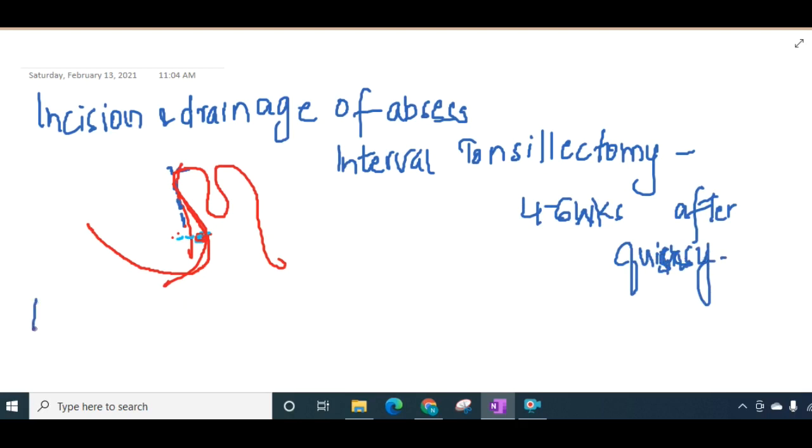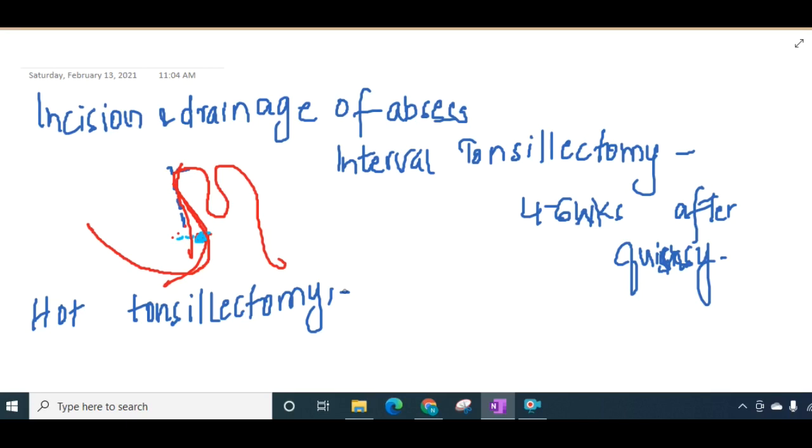Then we also have a procedure called hot tonsillectomy or abscess tonsillectomy. This is preferred by some people instead of incision and drainage. In abscess tonsillectomy, you will remove the tonsils along with the abscess. You will drain the abscess and also remove the tonsil simultaneously.